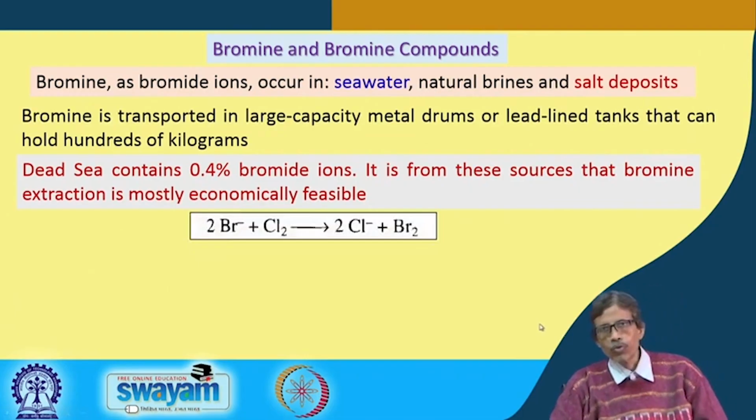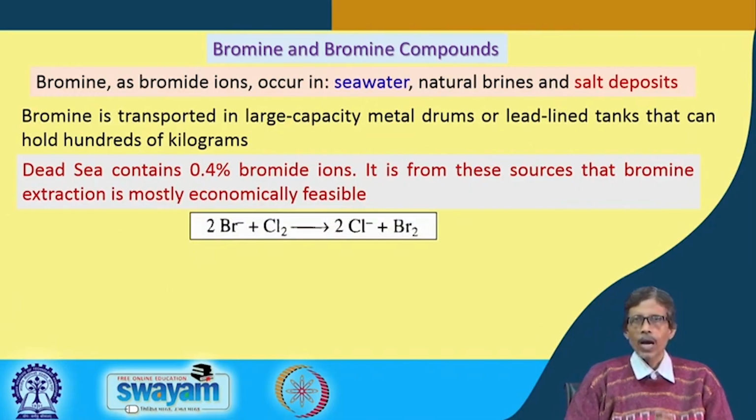And what reaction should we follow, because we are talking about the production of bromine from the bromide salts themselves, that means the bromide present as Br minus. If we know the corresponding reduction potentials of chlorine as well as bromine, we can compare and see that simple chlorine is sufficient to produce free bromine from the bromide salts, with chlorine gas itself as the oxidizing agent.